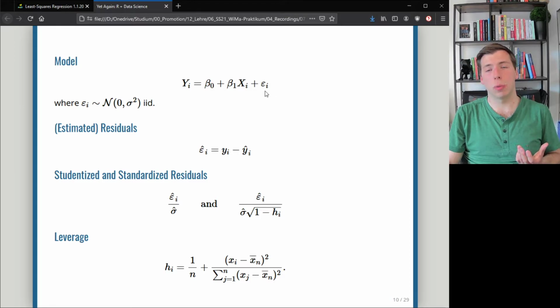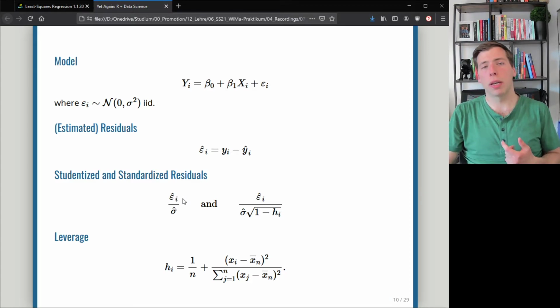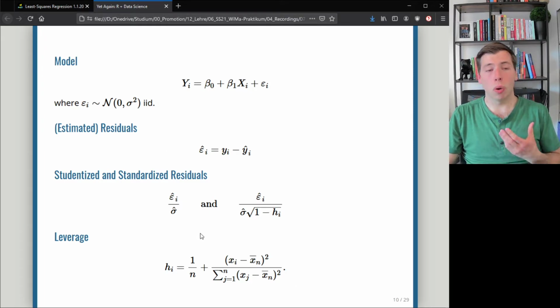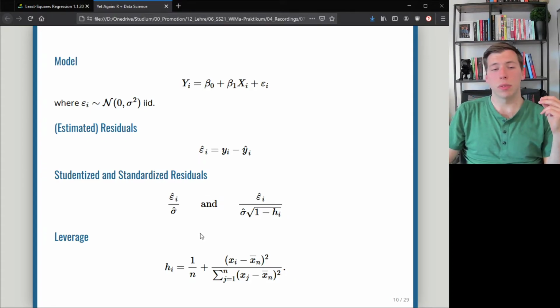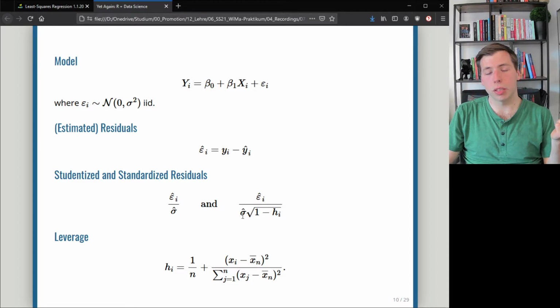We can either compute a studentized residual, which just divides the estimated residual by the sample standard deviation of the residuals. Or, what is actually more appropriate, is that we divide not only by this sigma hat, but also by the square root of 1 minus h_i, where h_i is defined like this.